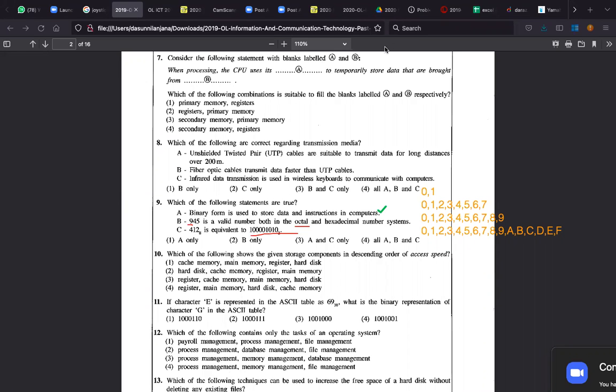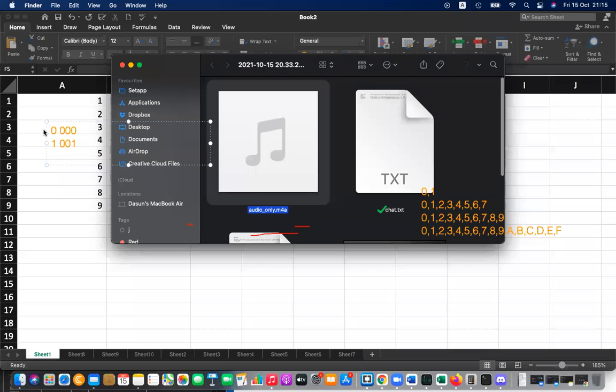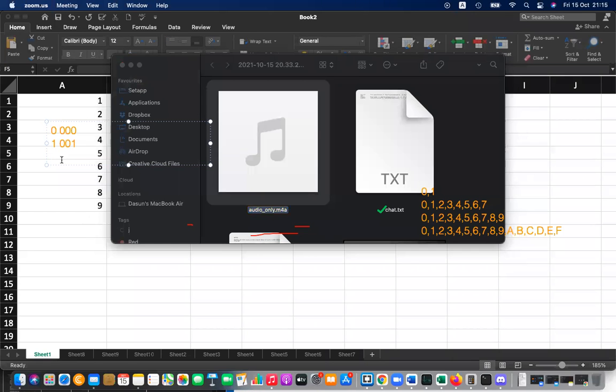You know how to convert numbers, right? You know how to convert octal to binary. If you cannot remember, let me remind you. You have to write the octal numbers first. 0 is represented using 000. Then 1 is represented using 001. 2 is represented using 010.